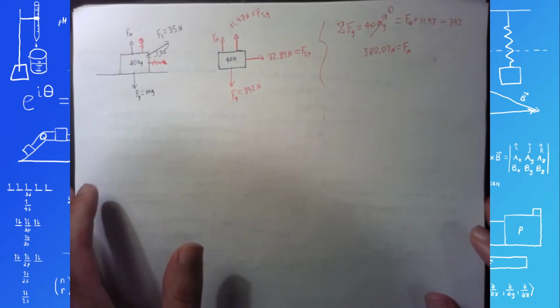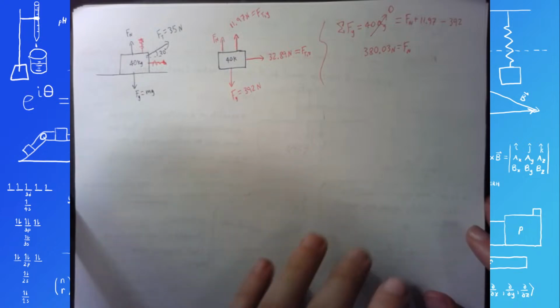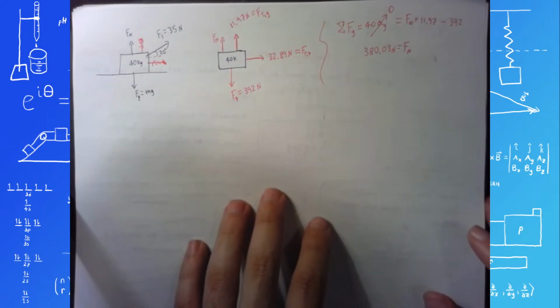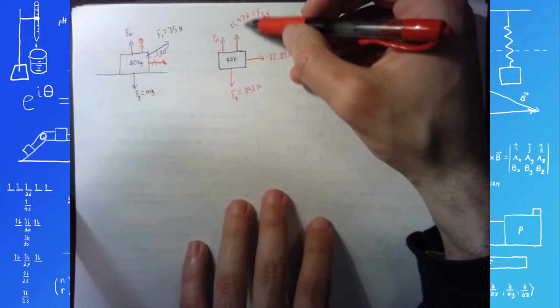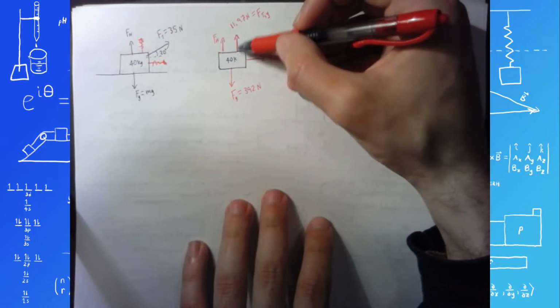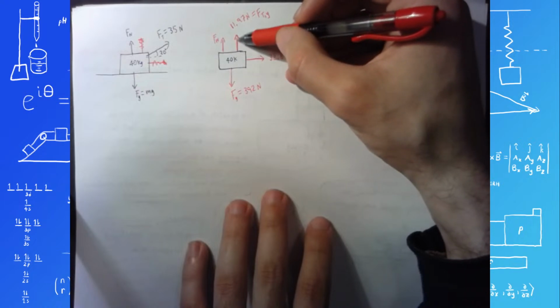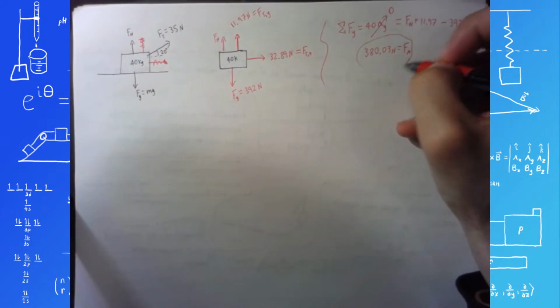But again, I did not know in advance what the normal force would be or what the scale would be. Well, I guess I should have known because of this 11.97 compared to 392. I should have known at least that this would have to be much smaller than this. But that's part A, so I'll go ahead and circle that.